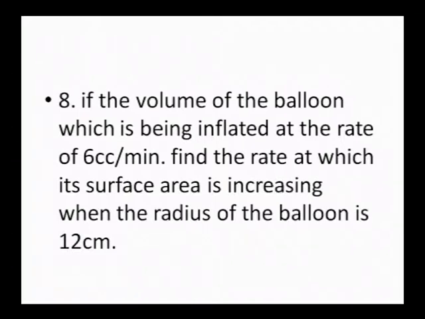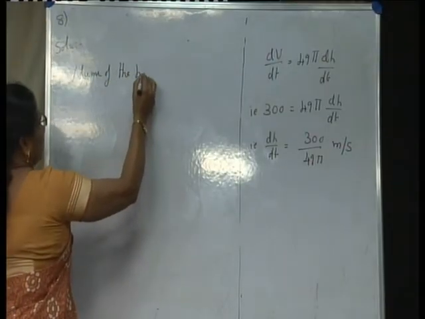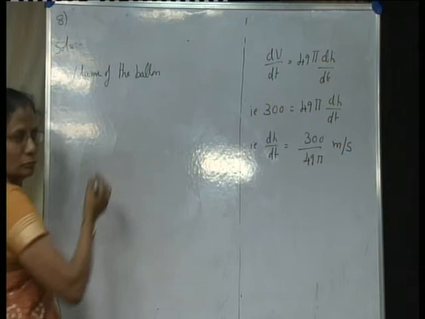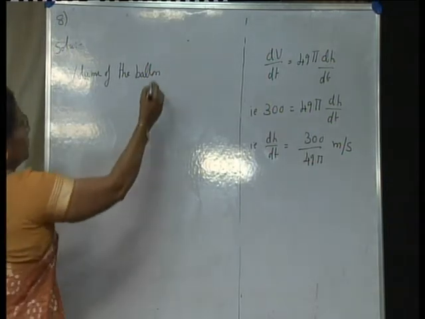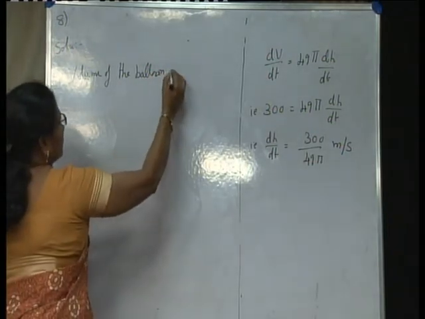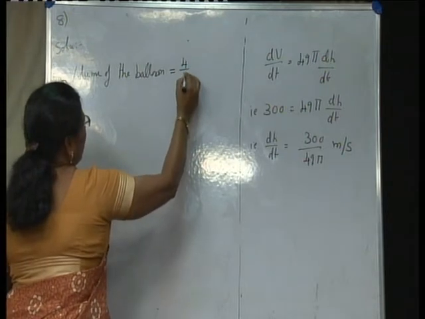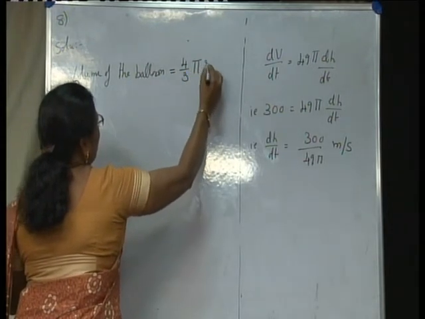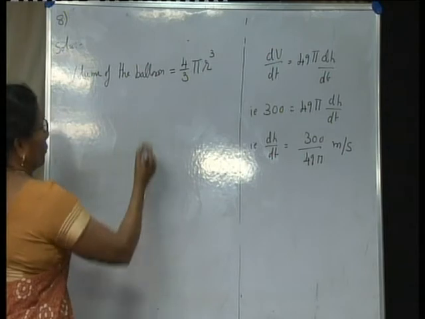So, volume of the balloon, balloon is just like a sphere. Volume of the balloon is equal to 4 by 3 pi r cube.